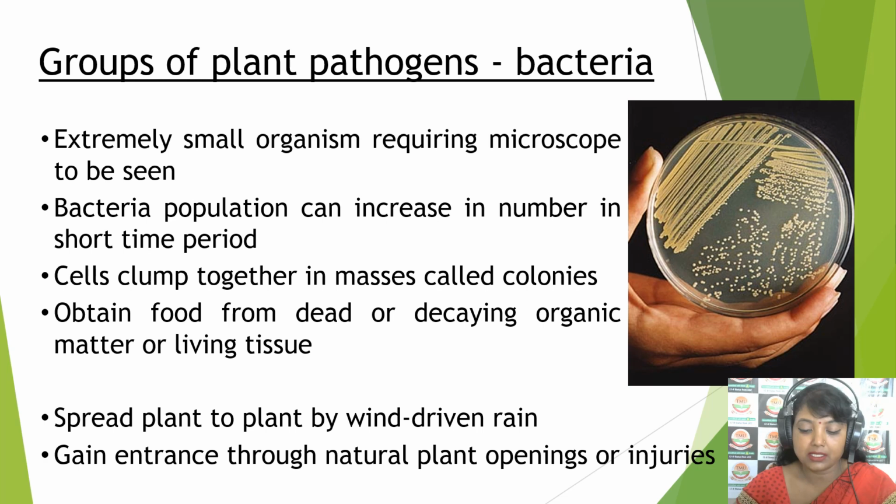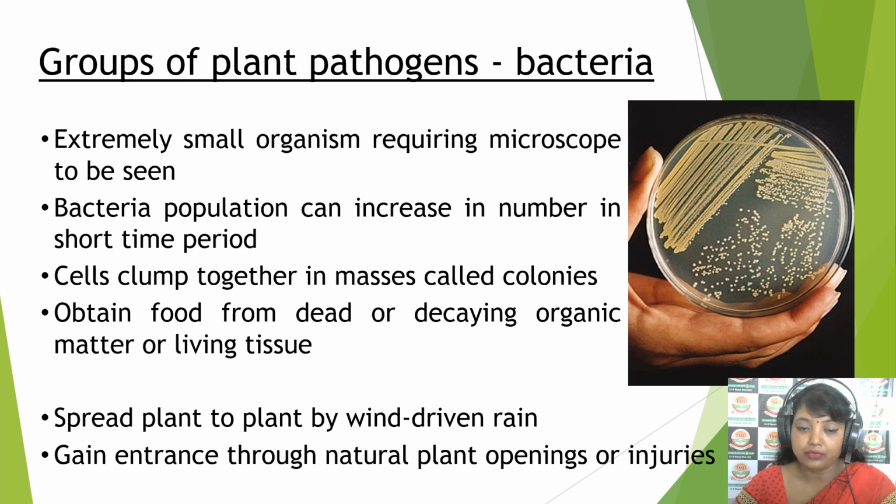By just seeing their structures, they are either round shaped, rod shaped, spiral shaped or comma shaped. On their shapes and their color they are classified. Otherwise it is very difficult to see their structure unless a high definition microscope is there. Bacteria are generally single celled, and when the cells are clumped together in masses, they are called colonies.